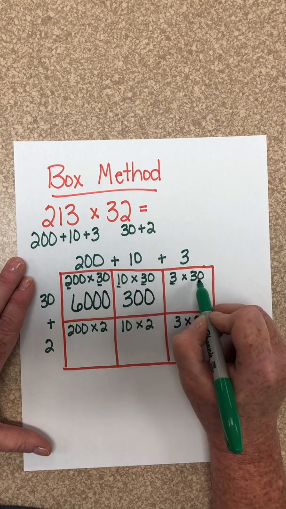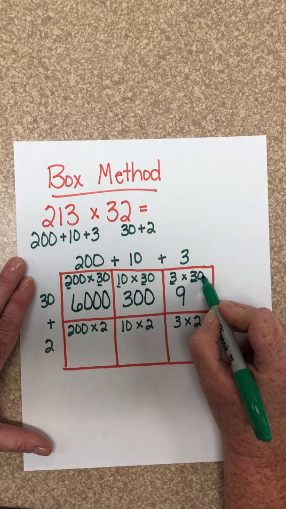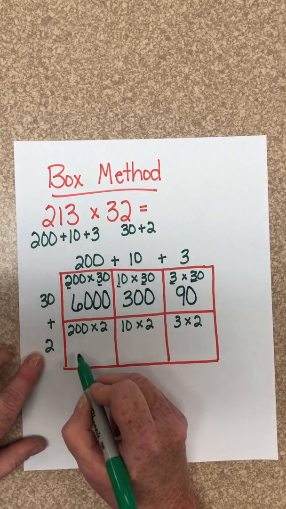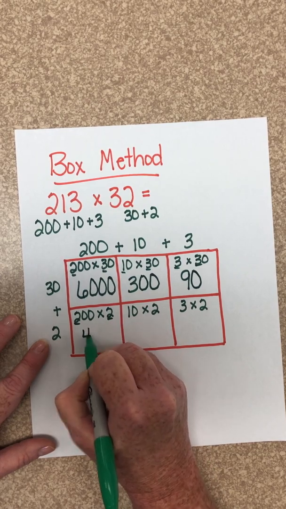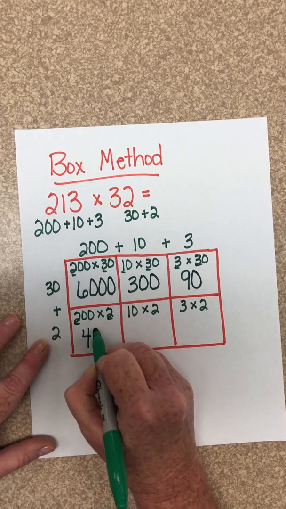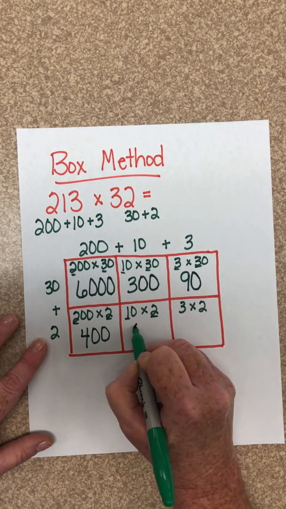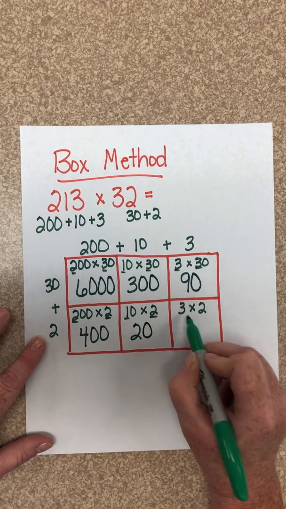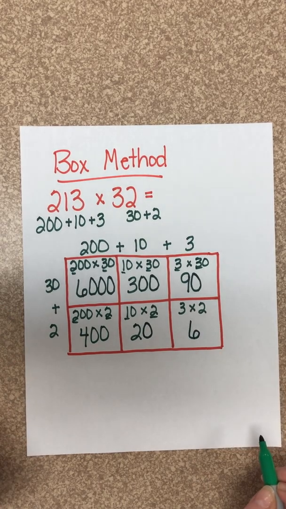Next we have 3 times 3 is 9. But notice only 1 zero. Next row, 2 times 2 is 4. And notice 2 zeros. 1 times 2 is 2. And notice only 1 zero. And 3 times 2 is 6.